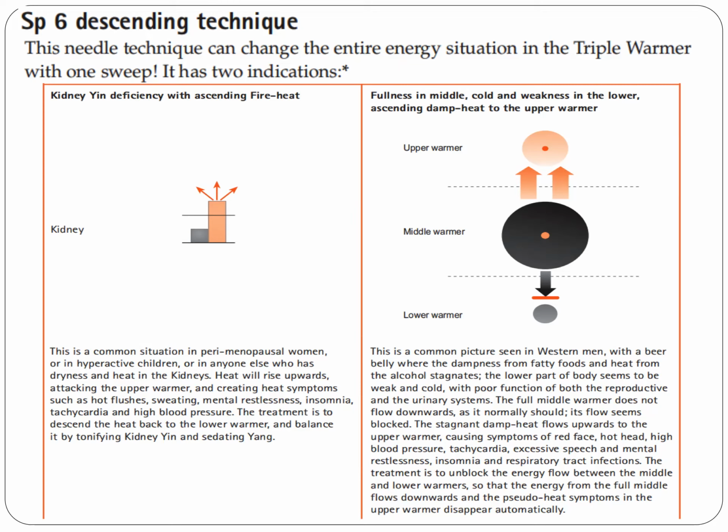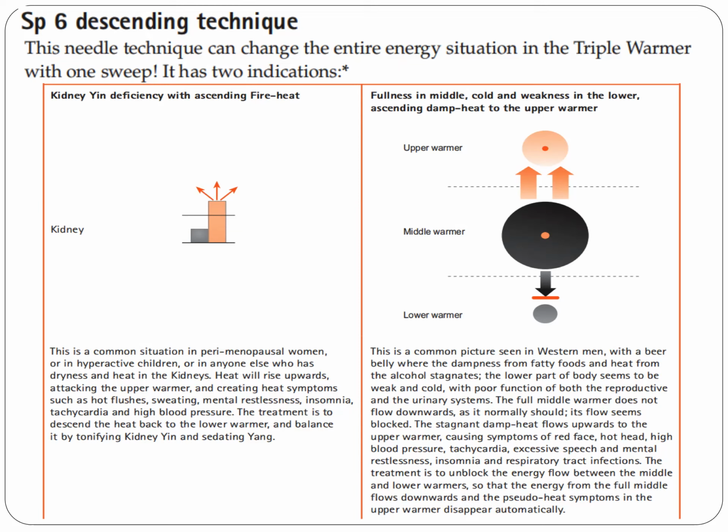Okay, and balance it by tonifying kidney yin and sedating yang. So parang, okay, since we want to balance things, we need to tonify kidney yin and sedate the yang. So spleen 6 descending technique is very, very needed here.